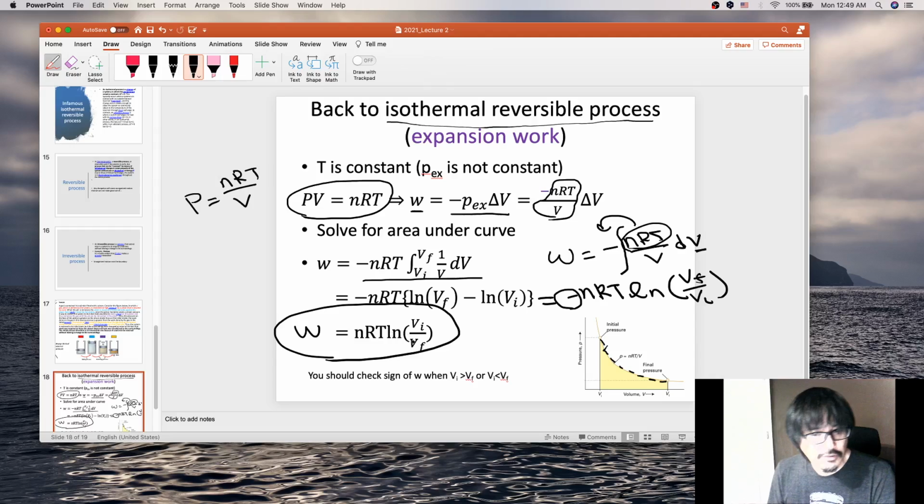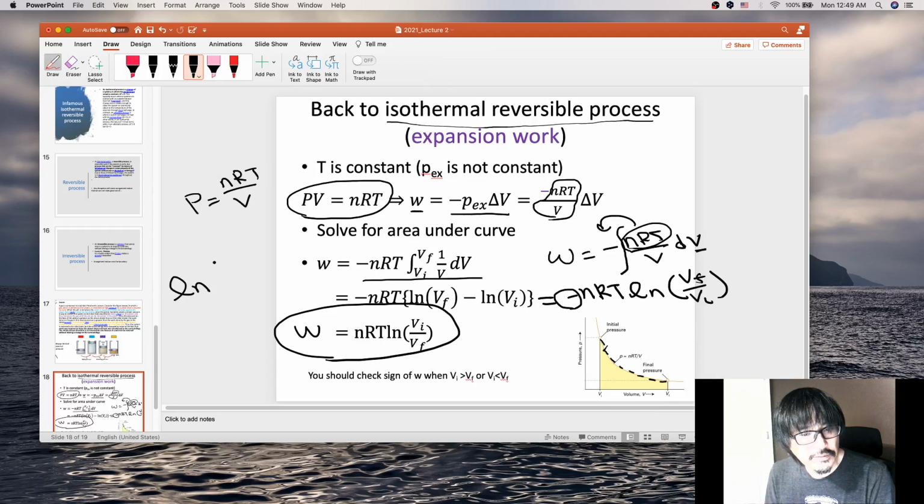Now you should probably check to find out the sign of W for expansion or contraction. So let's think about that. For expansion, the log of small volume divided by large volume, right?